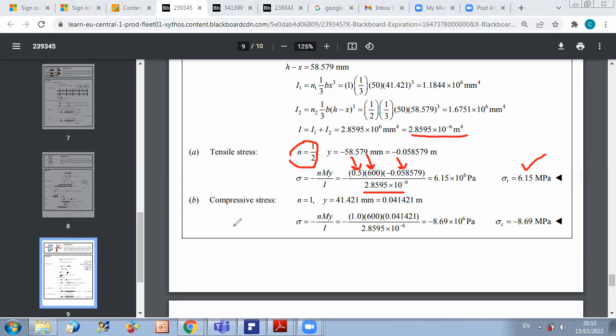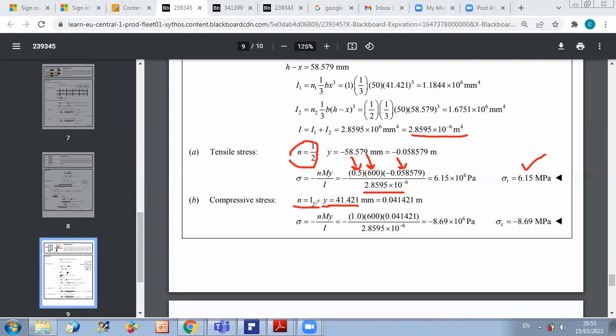Now, concerning the compressive stress, to get its value, you also say sigma equals minus n m y over I. Since compression takes place in the reference material, n is 1, and y is the distance from the neutral axis to the top level.